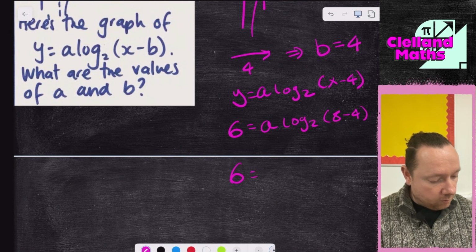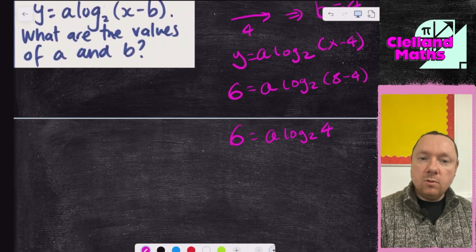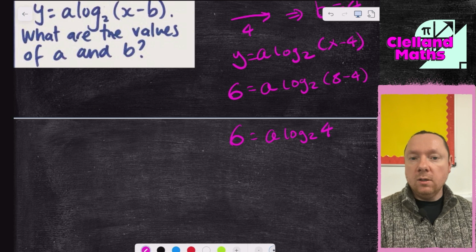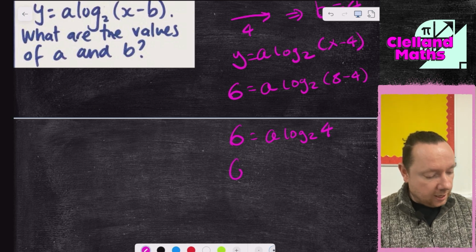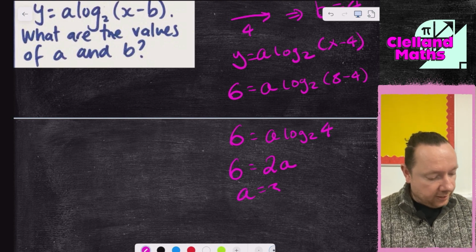So 6 equals a log base 2 of 4. Well, what's log base 2 of 4? That's asking me 2 to the power of what is 4? 2 2s is 4. So 6 equals 2a, because log base 2 of 4 is 2. So that means that a equals 3.